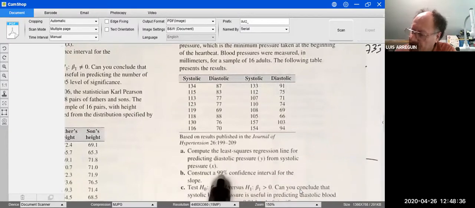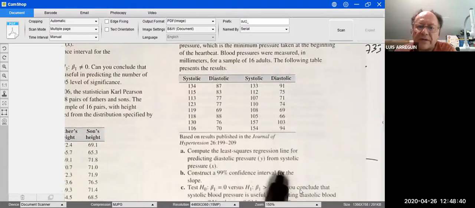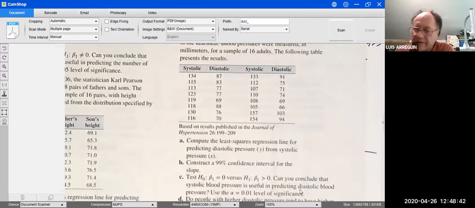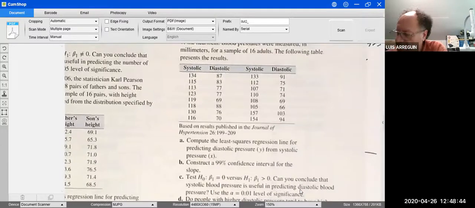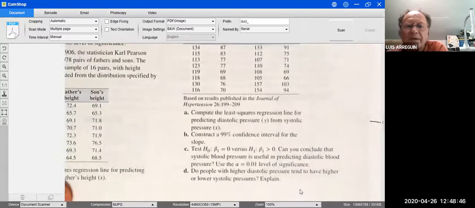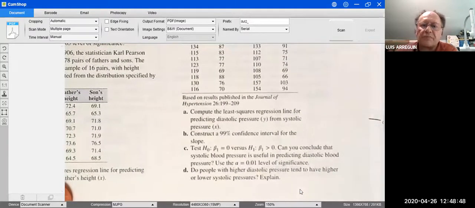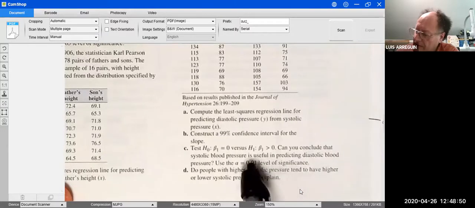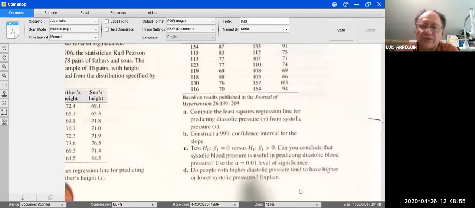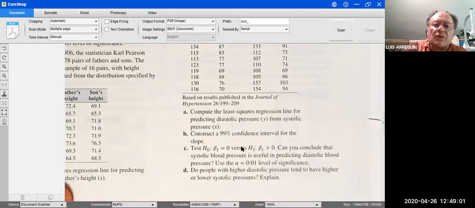Pay attention, in this case it is a 99% confidence interval, and then another test. You're going to test the slope being 0, and check the significance level, in this case 0.01. So that's it. Solve these problems.